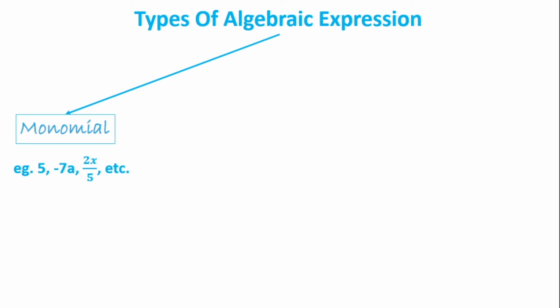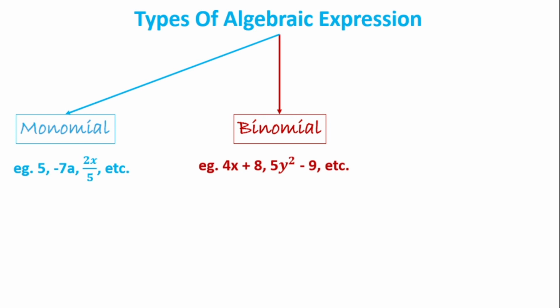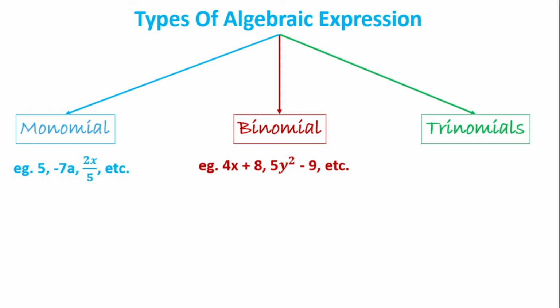If an algebraic expression contains two terms, then it is known as a binomial. For example, 4x plus 8, 5y square minus 9, etc. And if an algebraic expression contains three terms, then it is known as a trinomial.